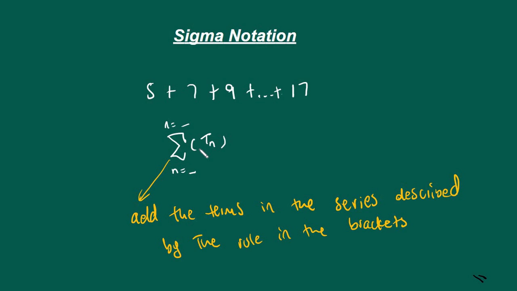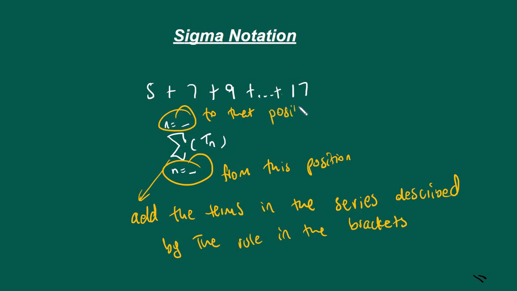So add the terms in that series from this position to that position. That is what it is saying there. Add the terms in the series described by this general rule, that is, the rule written in the brackets, and then from that position to the other position.